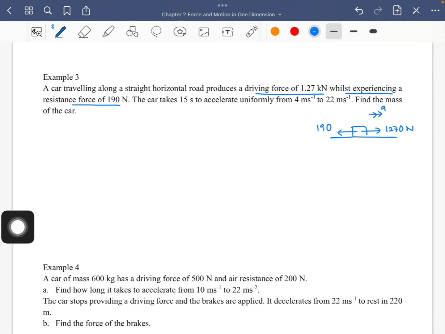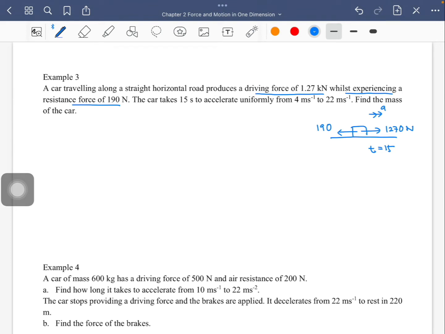Alright, so it moves with constant acceleration, of course, and it takes 15 seconds to move from 4 to 22 meter per second. So we want to find the mass of the car here. To solve this, of course, we need to relate Newton's second law and also solve the equation.